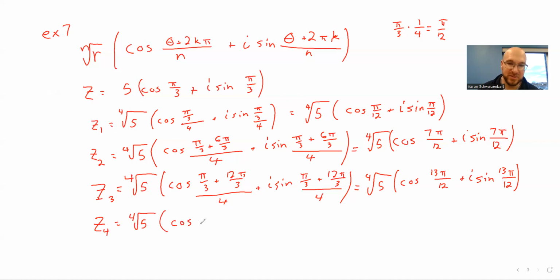And the last one is going to be another multiple. So now I have 4 roots plus 18 pi over 12. So that's 6 pi, 18 pi over 3. And these angles being the same each time makes the second one really easy.